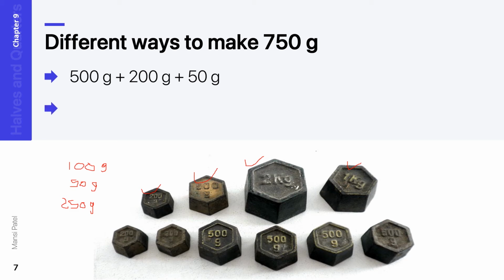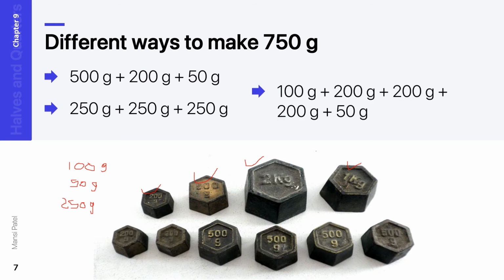Then you can use another way: 3 stones of 250 gram. 250 gram plus 250 gram plus 250 gram. It becomes 750 gram. Now another way to make the 750 gram is to use 1 stone of 100 gram, then 3 stones of 200 gram, and then 1 stone of 50 gram.